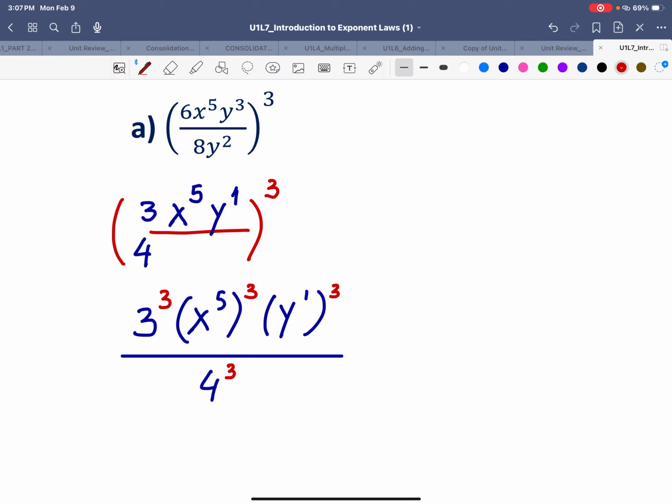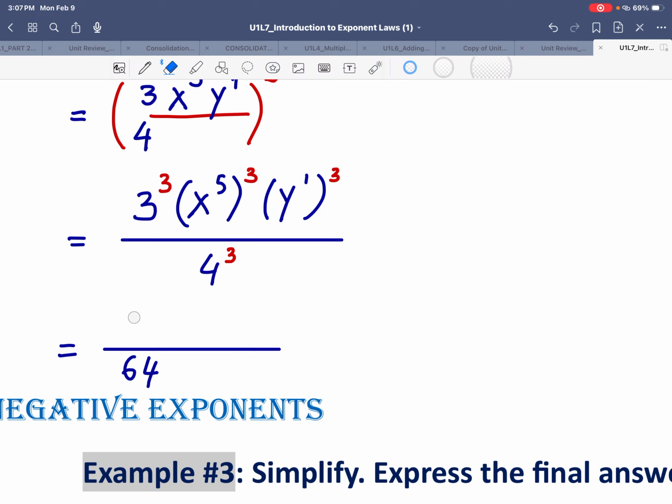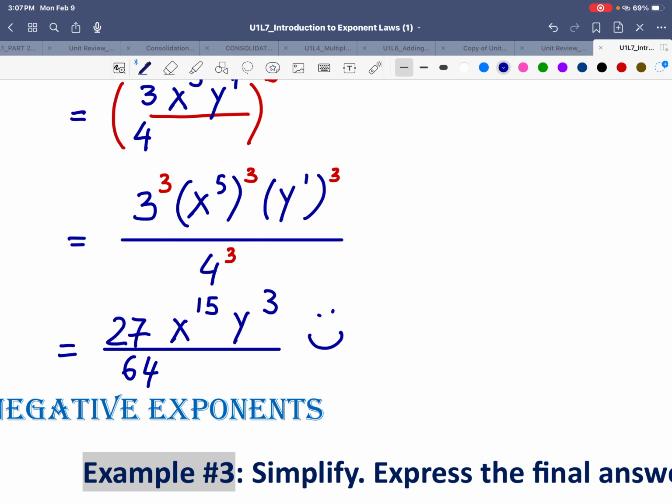So remember the equal signs here. And we have 3 to the power of 3, which is 27, and 4 to the power of 3, which is 64. X to the power of 15, and y to the power of 3. And this will be the simplified expression.